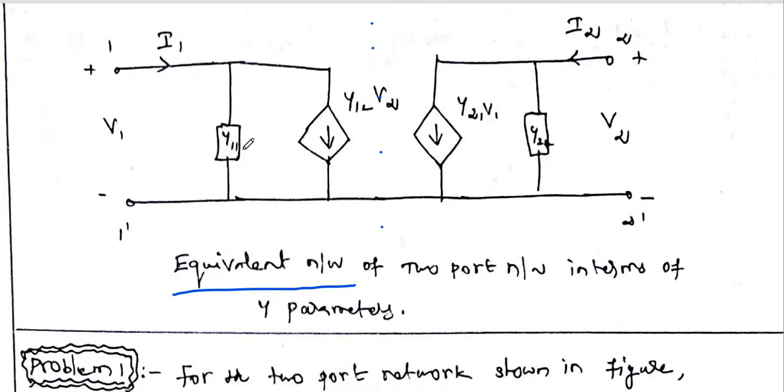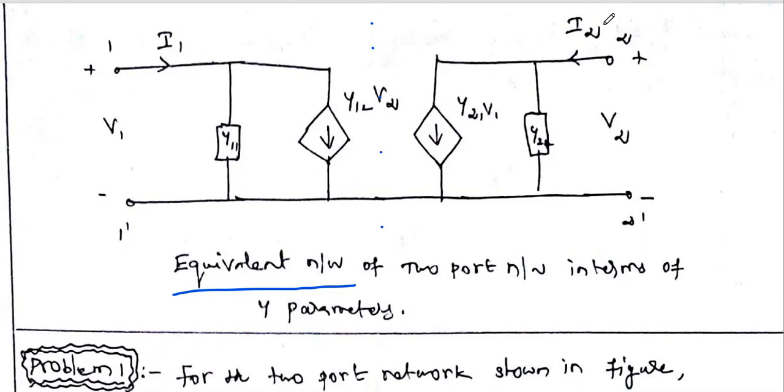Across this input port, we connect one admittance Y11. Here there is a current source, a dependent current source whose value is Y12 into V2. So the current I1 can be written as Y11 into V1 plus the current source Y12 into V2.